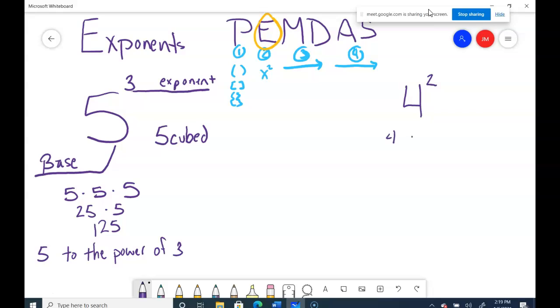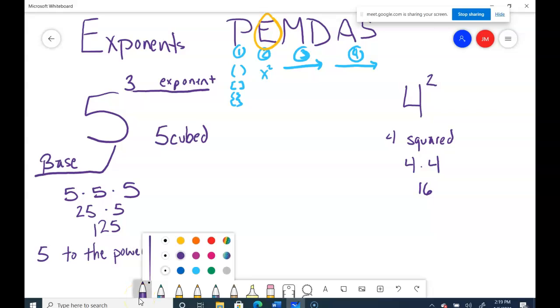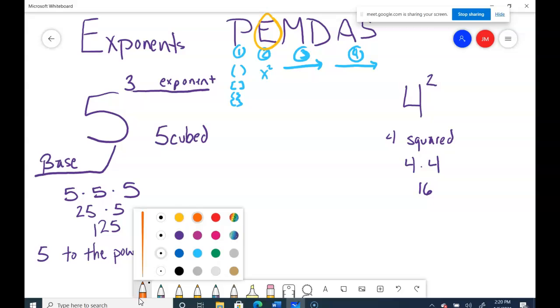This is 4 squared, and it means that we're going to multiply 4 twice. So 4 squared equals 16. Okay, I'm going to pause for a minute and let everybody catch up with what we're writing.